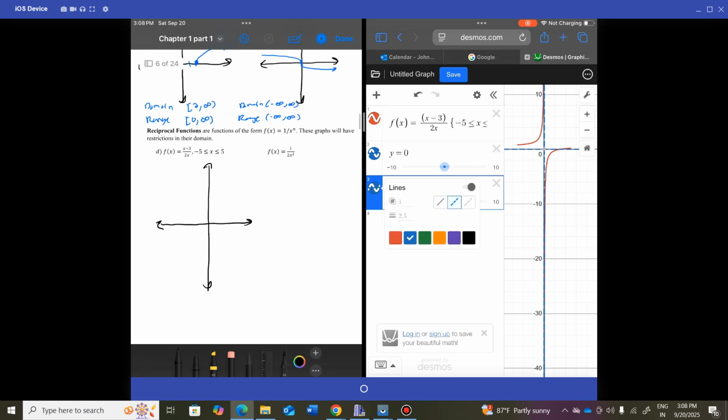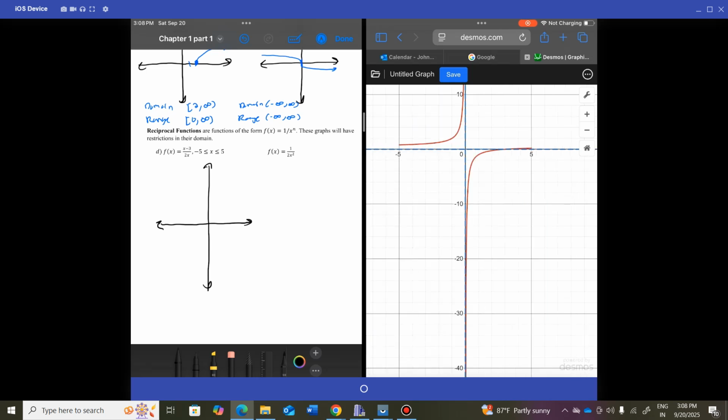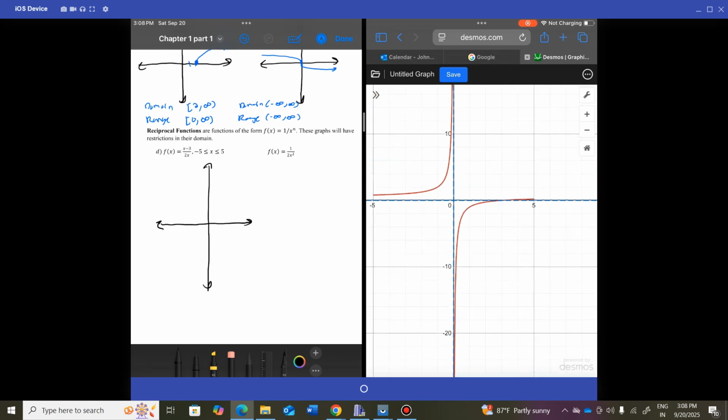Eventually we'll get into how you find these from the equation themselves. It's not too hard. We can see that if we plug in 0 for x, we're going to be dividing by 0. So that's why there's a vertical asymptote there at x equals 0. And then if we look at ways of finding the horizontal asymptote, we'll find out that's why.